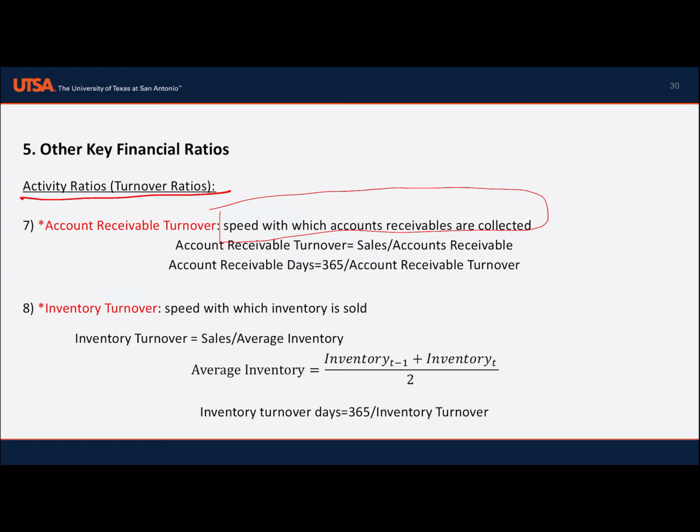So account receivable turnover is sales over account receivable, meaning if the sales are 100 and account receivable is 100, the account receivable turnover is 1, for the period of 1 year, if you are looking at the 10K filings.